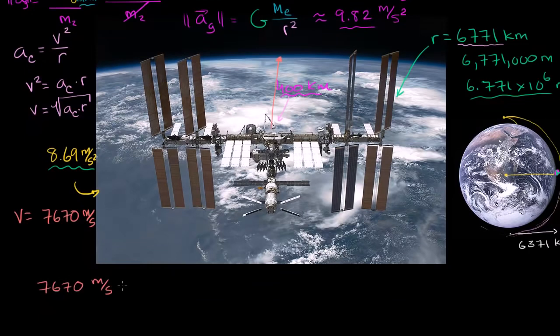If you want to know how many meters it's going to do in an hour, there's 3,600 seconds per hour. And so if you multiply that, that's how many meters it will travel in an hour. But if you want that in kilometers, you just divide by 1,000. You have 1 kilometer for every 1,000 meters. Meters will cancel out, seconds will cancel out, and you are left with kilometers per hour.